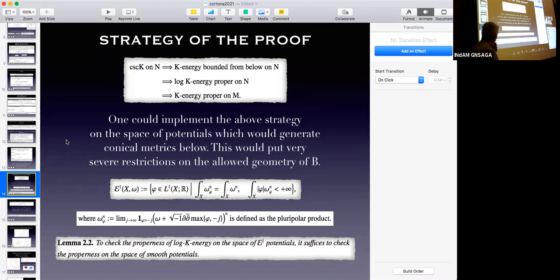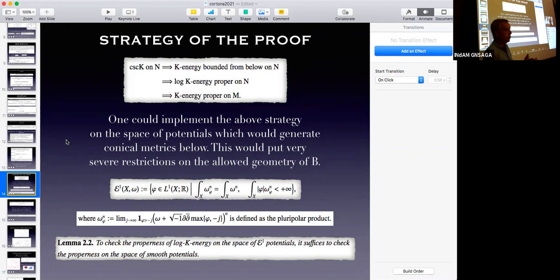Now, the winner here came from using a different space. Technically speaking, it depends on which space you are looking at when you look at the Mabuchi K-energy and all these functions. If you look at the space of smooth potentials, it's one thing.